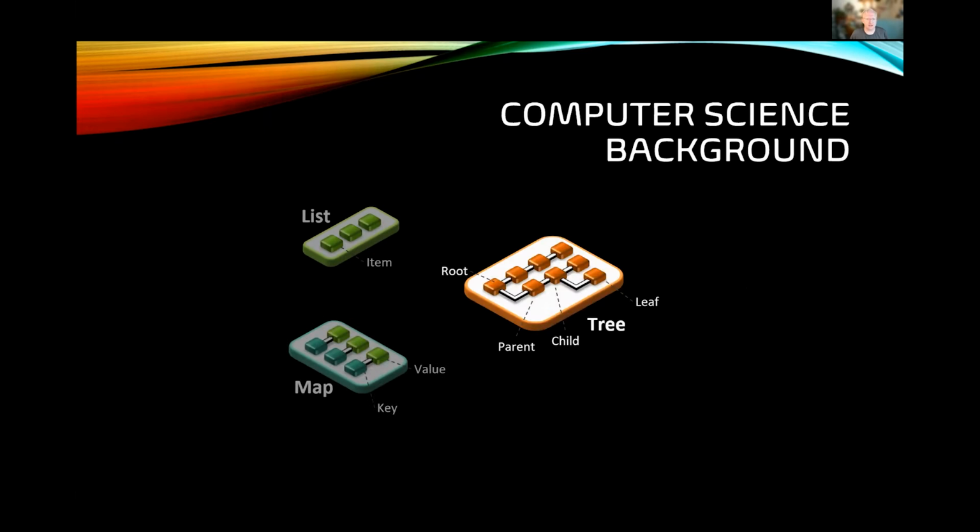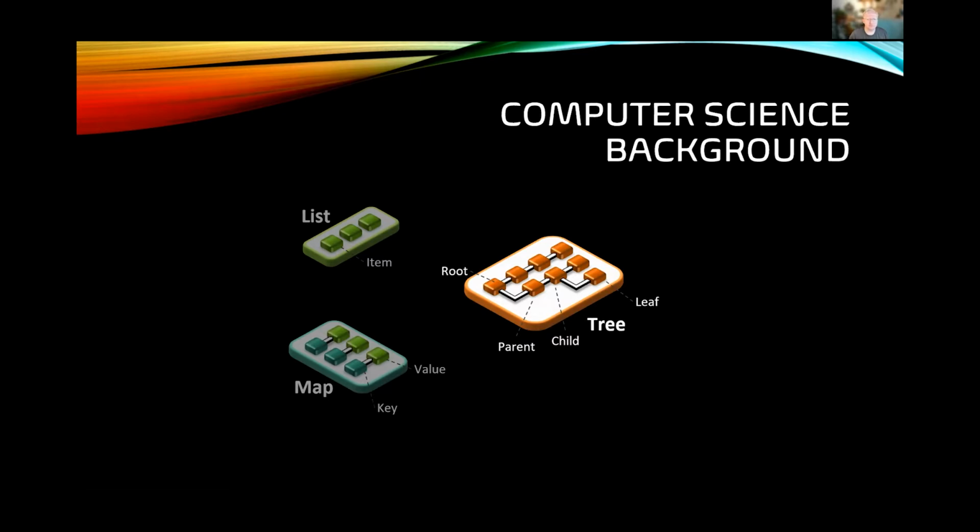The next data structure would be the tree. This is very powerful. We see it a lot in our file systems, on our computers. It's a very effective structure to encode hierarchies of information, to encode decision trees. And it's made up of a root node.